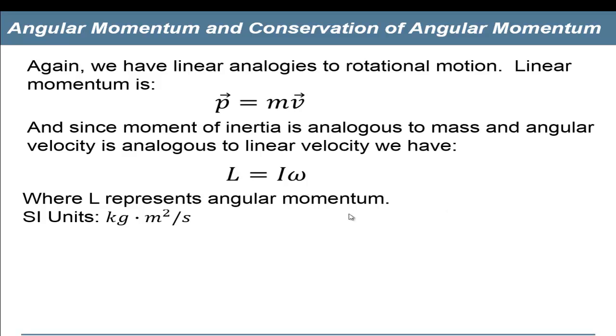So L is the angular momentum, and the units here would be, moment of inertia is kilogram meter squared, and then angular velocity is radians per second. So the SI units are kilogram meter squared per second.